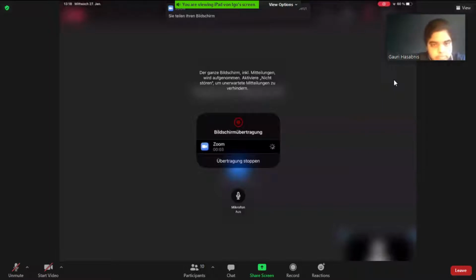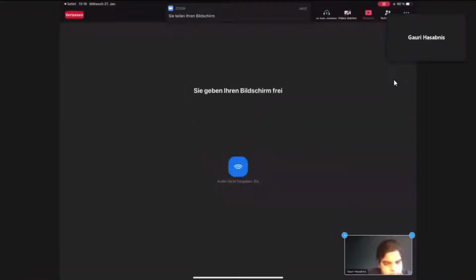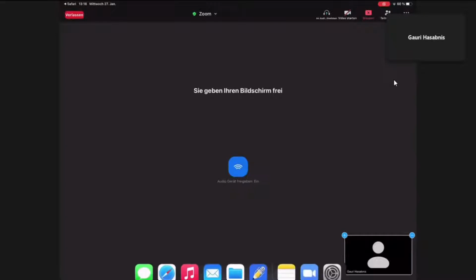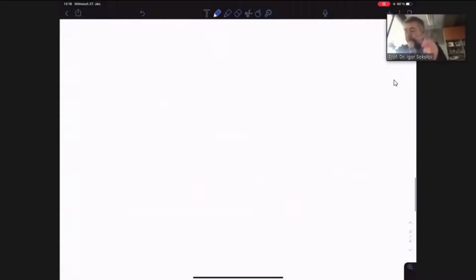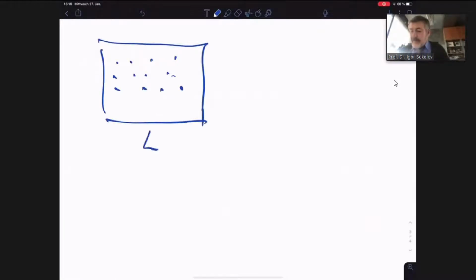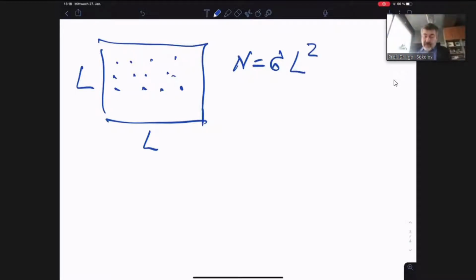Just a second. So now you have the points. It doesn't matter how they're separated. And then if this is L, then the number of points is sigma times L squared, which is the definition of sigma, essentially.